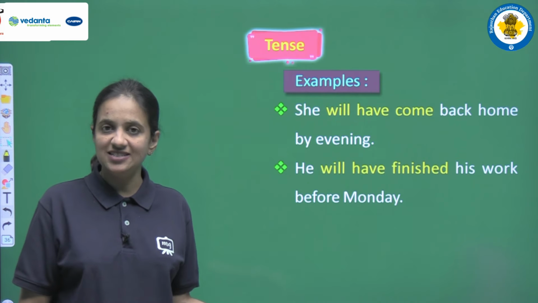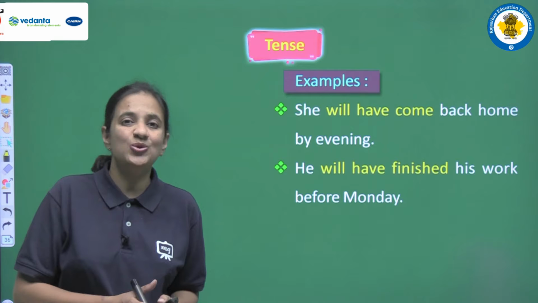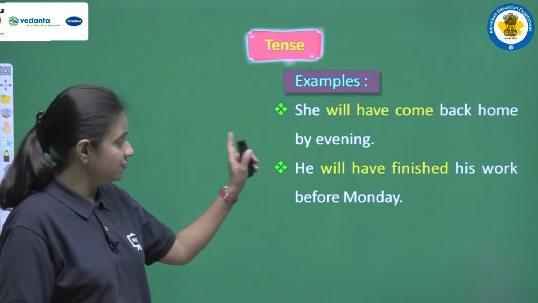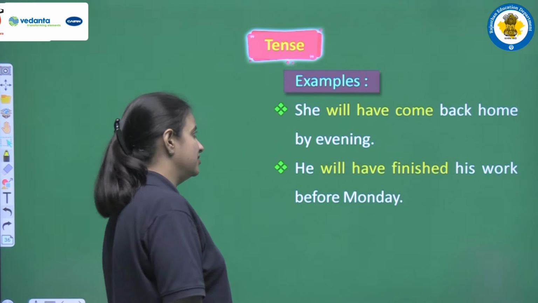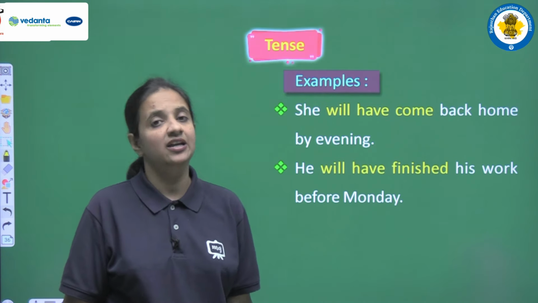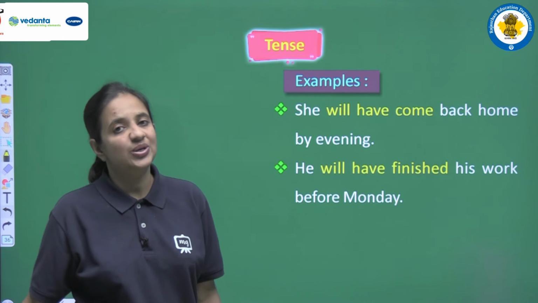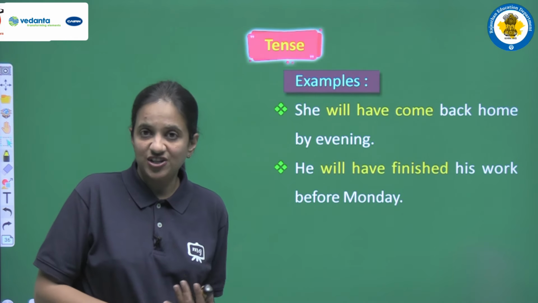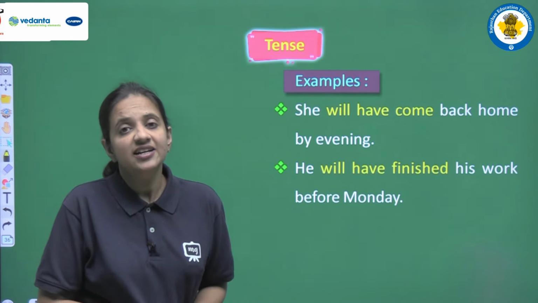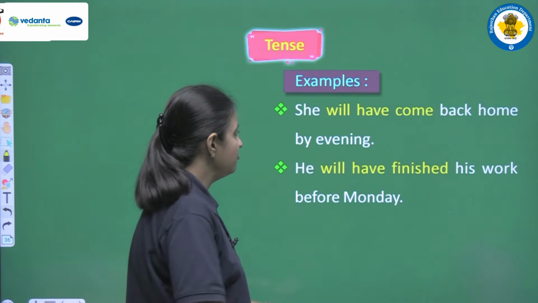Let's read these sentences and see how we have to use the helping verb and main verb. The first example we have here is: she will have come back home by evening. One thing is very clear here, that this is future perfect tense. In this tense we have actions and activities related to future time.